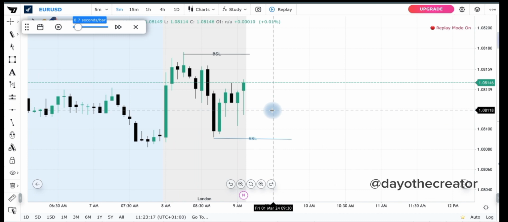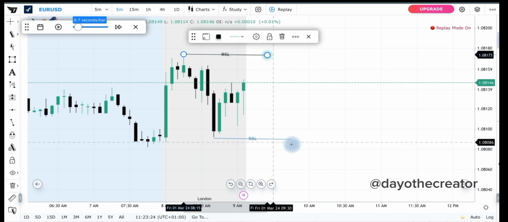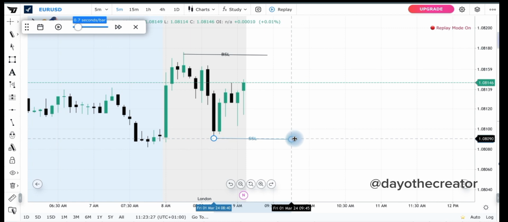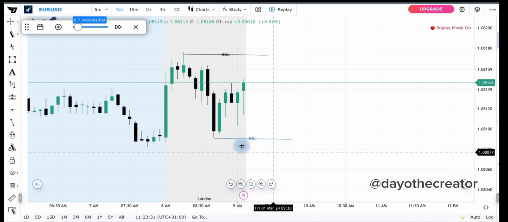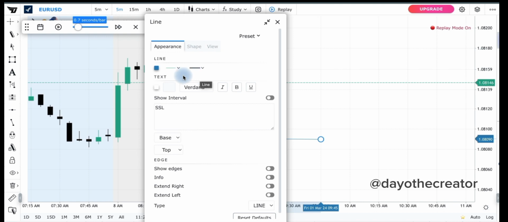Let's wait for price to either buy to swipe this buy side liquidity, or sell to swipe this sell side liquidity. And what I always notice about the market is that whenever the market swipes the previous Asian high, or starts off with a buy, I always expect the market to also buy during the New York session.